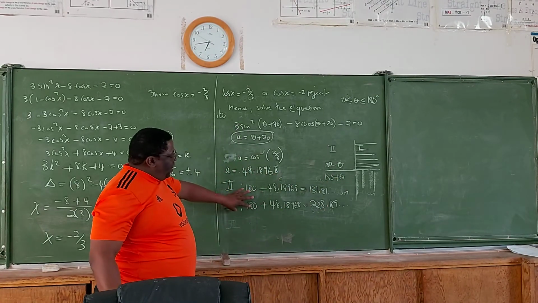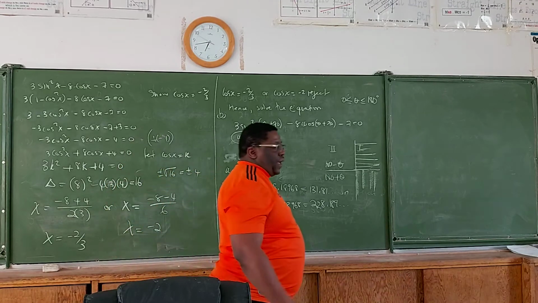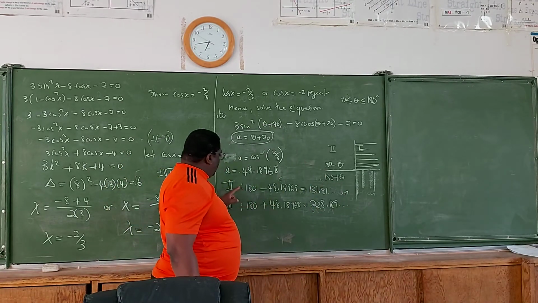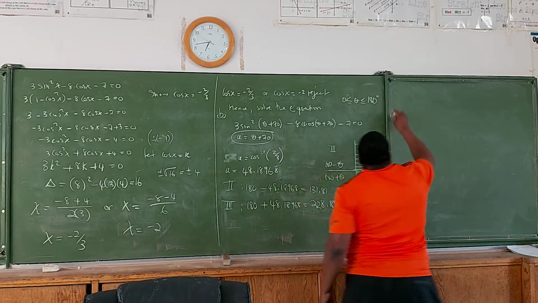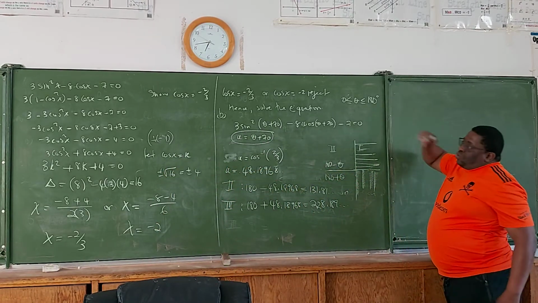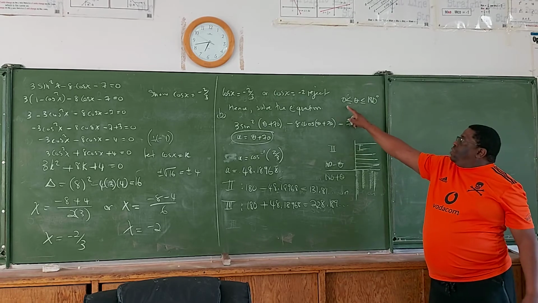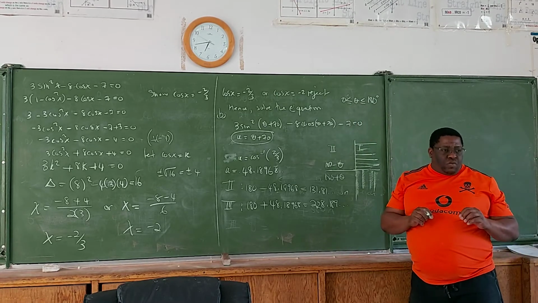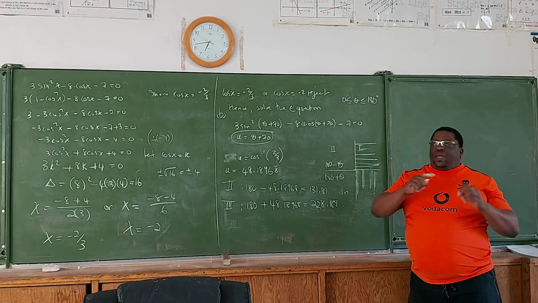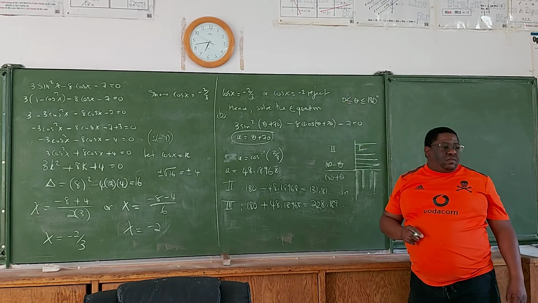Okay, so this would be our solutions for that. But we are not looking for u, so we are looking for theta. So now according to our domain here, only consider between 0 to 180. The angles that we are going to look for should be an angle that fit within that domain.